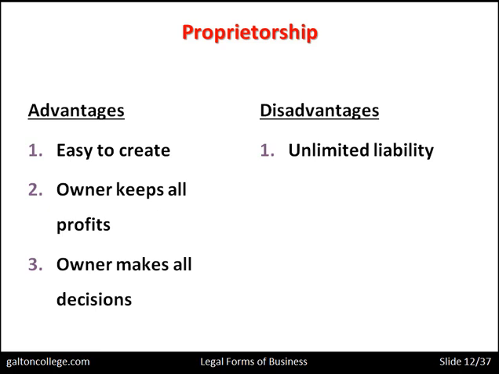That could involve the proprietor's personal wealth. It could mean that the proprietor loses his or her house or his or her assets. It's not just confined to the business. This means the proprietor, everything the proprietor owns is at risk.